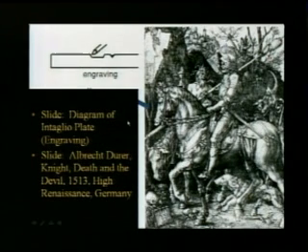Then the second category of printmaking techniques is called intaglio, and there are several different ways of creating an intaglio plate. The difference from relief is that the image that's going to be created, as Dürer created this image here, is cut into a plate. They use copper plates. Copper is a metal, but it's fairly soft.